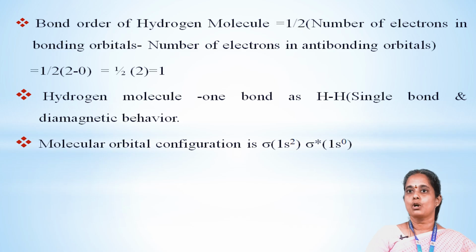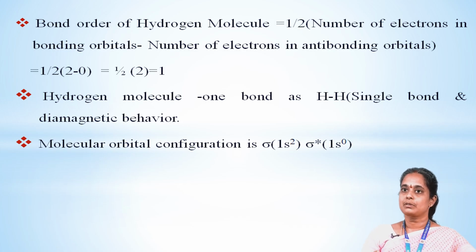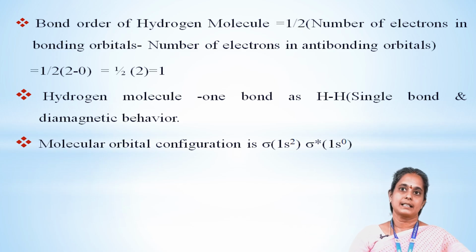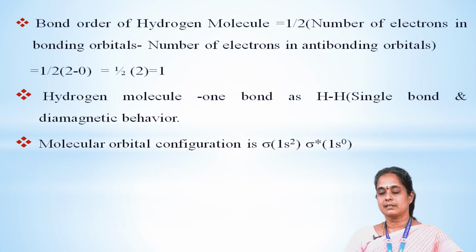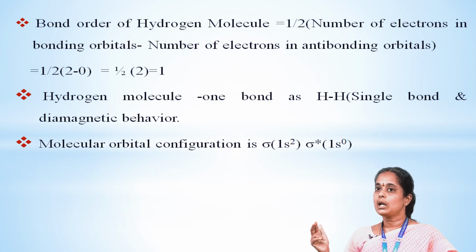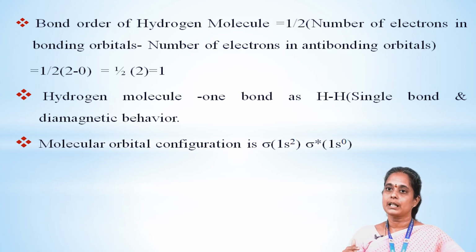The hydrogen molecule is formed from the 1s atomic orbitals of two atoms. They give rise to two molecular orbitals, that is sigma 1s and sigma star 1s. The two electrons are filled according to the Aufbau principle.